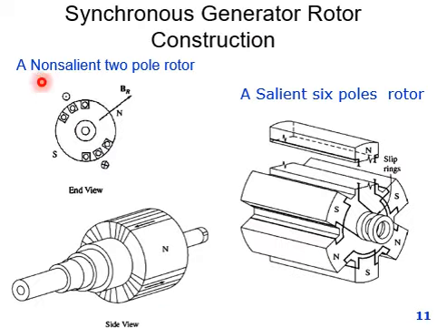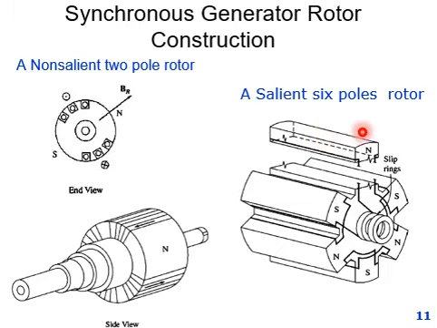A non-salient 2-pole rotor is shown over here. If you see from the top or end, one is north and one is south, like this. If you see the side view, this is the north, here on the back side would be the south, and this is the side view of the non-salient 2-pole rotor.